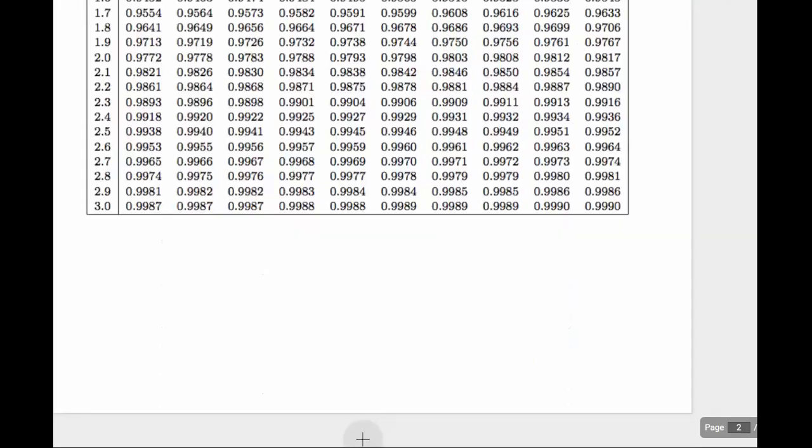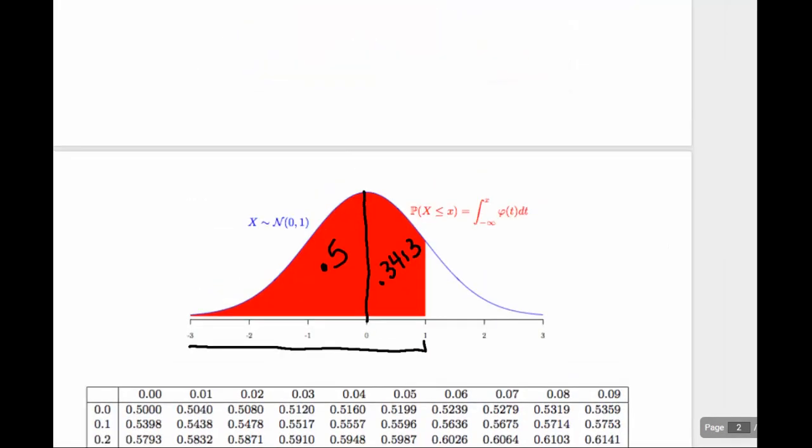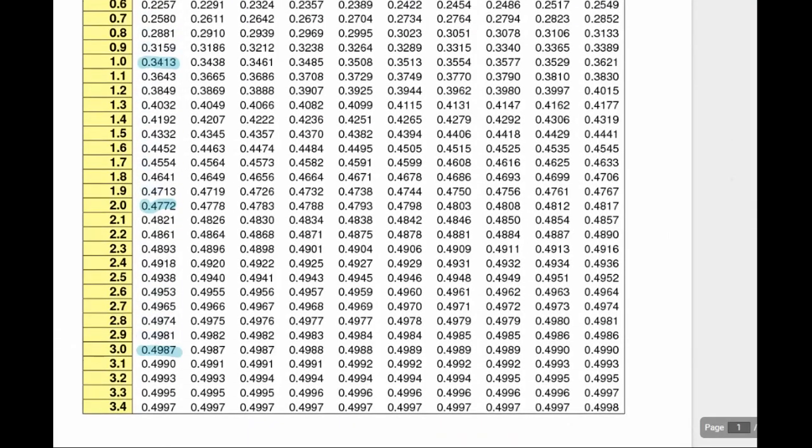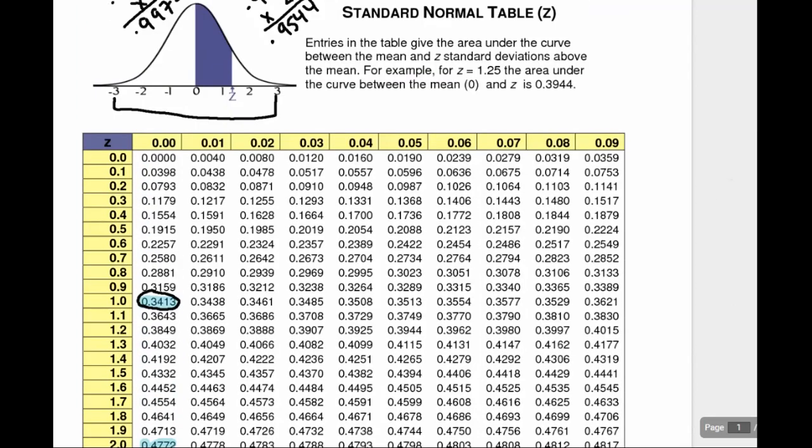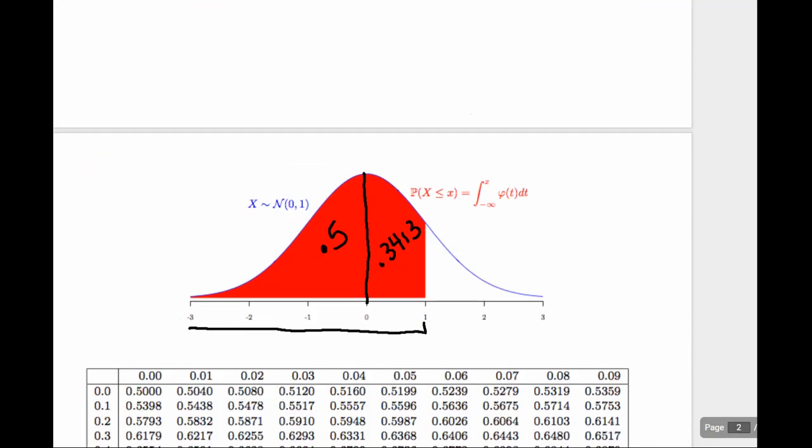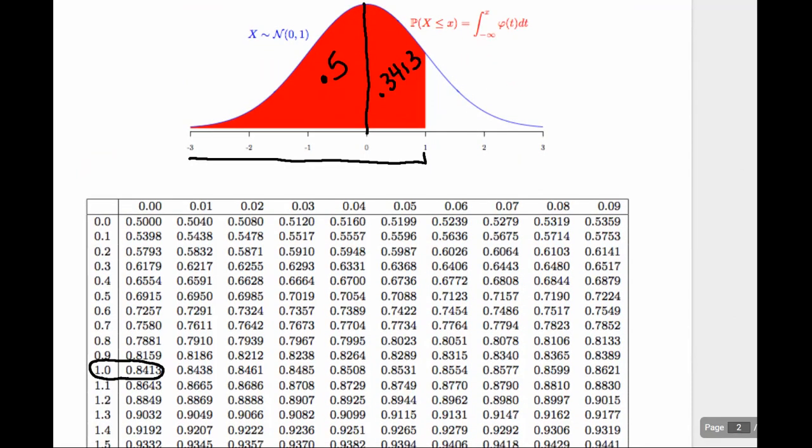So remember, when I was up here, going from 0 to 1 deviation, that was 0.3413. This table is going to be 0.5 more because each of these I'm adding 0.5 onto it.